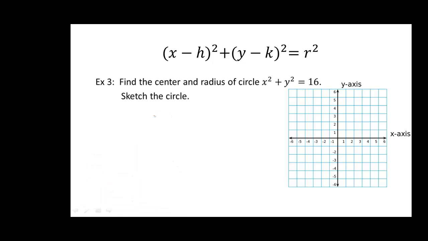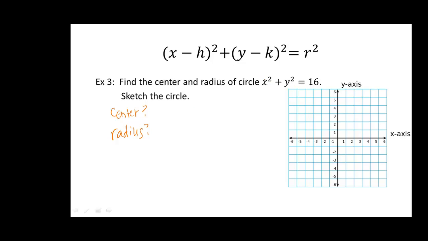Now, find the center and the radius of the circle. X squared plus y squared equals 16. Sketch the graph. All right. We just did an example that should give you a hint on this. So I need to first figure out what is the center and what is my radius. Okay, the center is represented by h and k that is subtracted from my x's and y's.